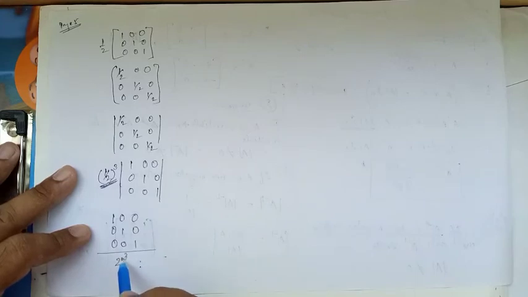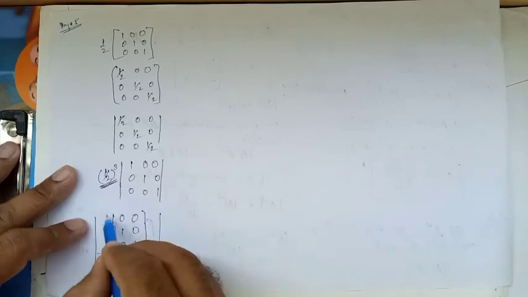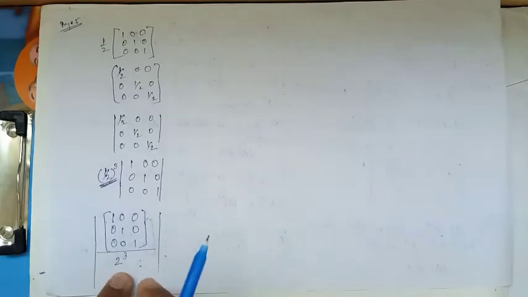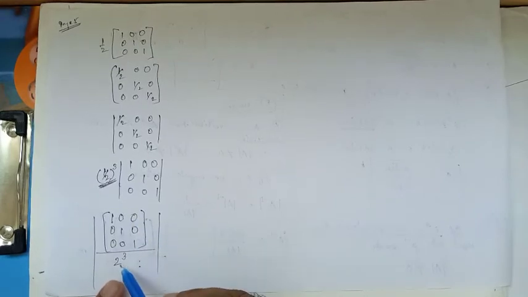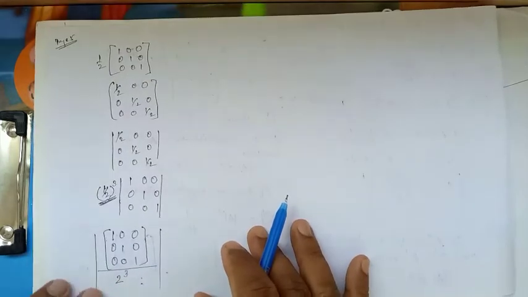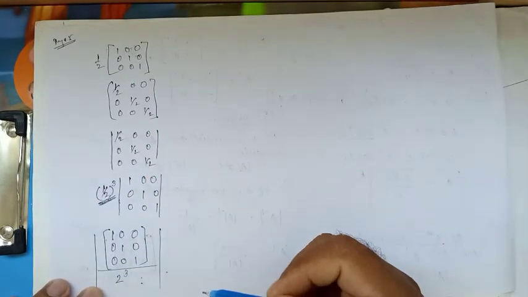Then 2 power 3 is what? If I consider this as a matrix, this is nothing but adjoint, then this is the determinant of A. The value of determinant of A is 2 power 3. This is 3 cross 3, therefore what I am getting is this one only.